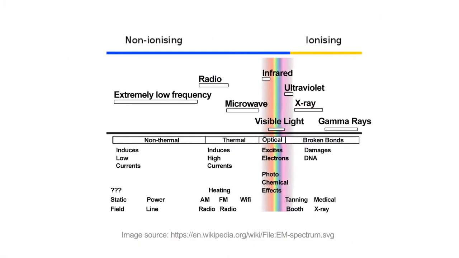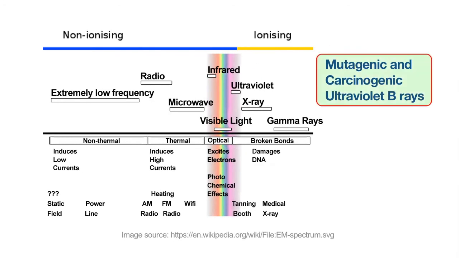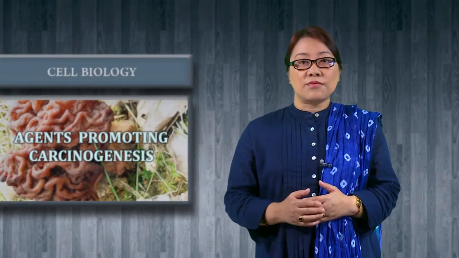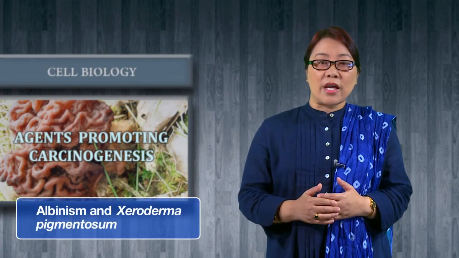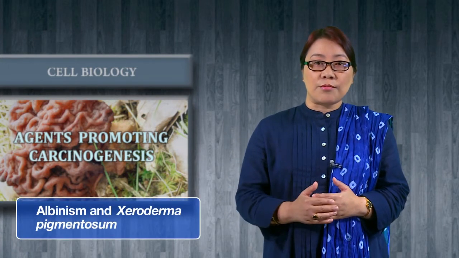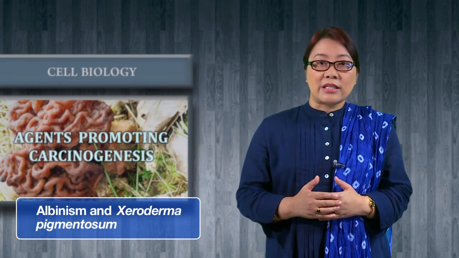These are electromagnetic rays with low penetration such as ultraviolet light and infrared radiation, for example, mutagenic and carcinogenic ultraviolet B rays. They are risk factors for eyes and skin. For example, albinism and xeroderma pigmentosum are hereditary factors predisposing to actinic cancer.